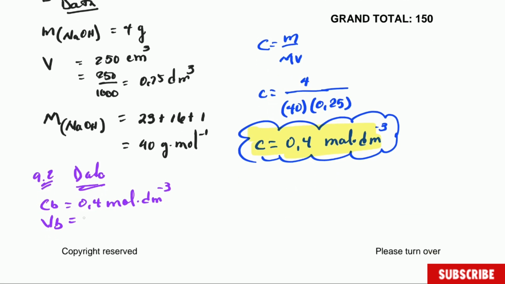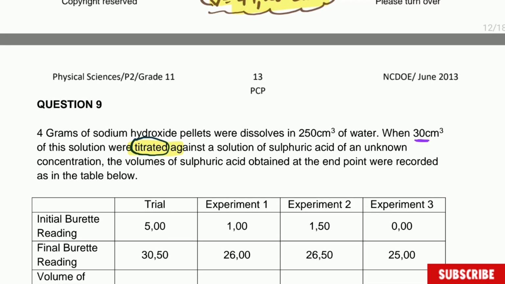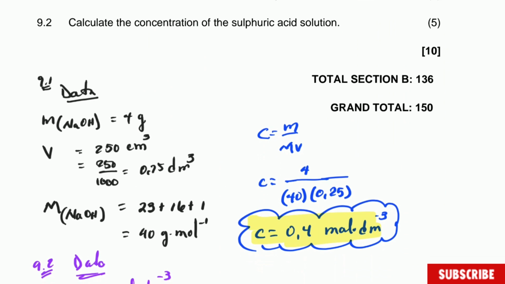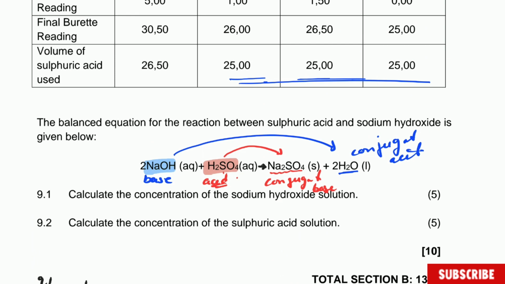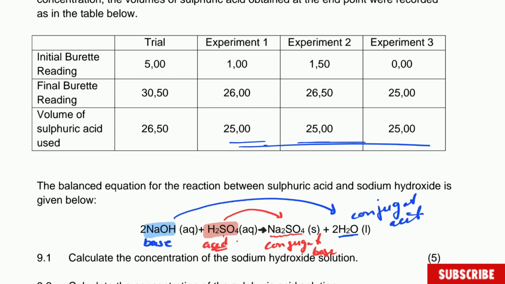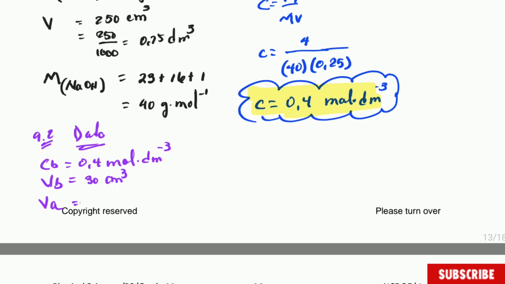So it was 30 cm³. Guys, remember, in titration you do not have to convert, okay? 30 cubic centimeters. And then the volume of the acid, guys, it is in the table. You can see that it was 25 at the end point for each of them. So it is 25 cubic centimeters, and they are looking for the concentration of the acid.